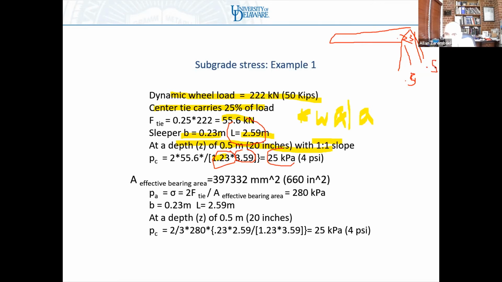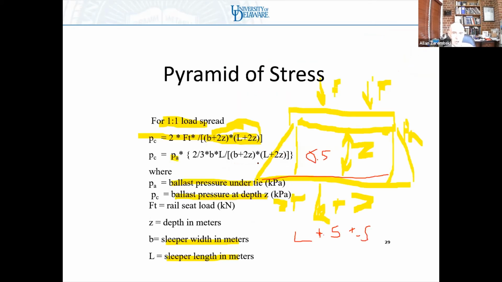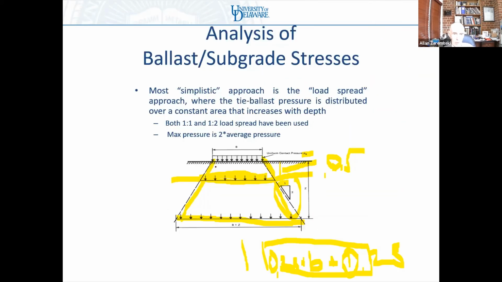So it's 0.23 plus 0.5 plus 0.5, or 1.23. So we have this widening effect, not only in the length, but also in the width direction, because it's two-dimensional.